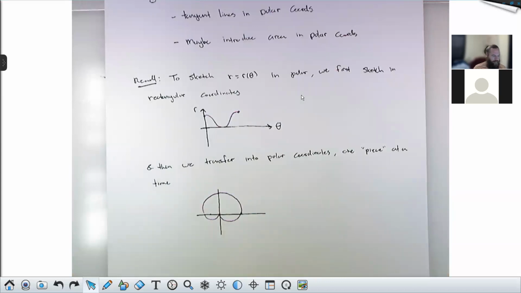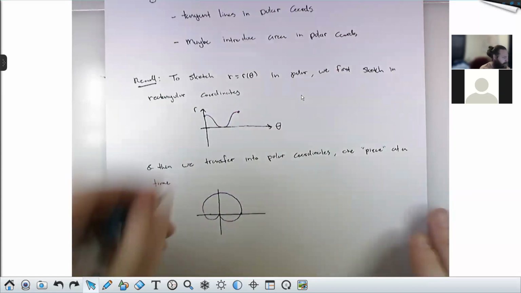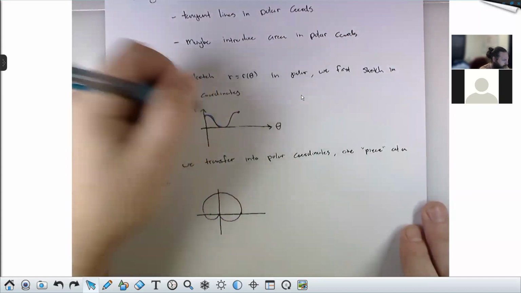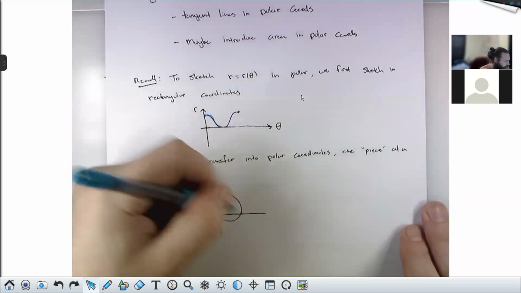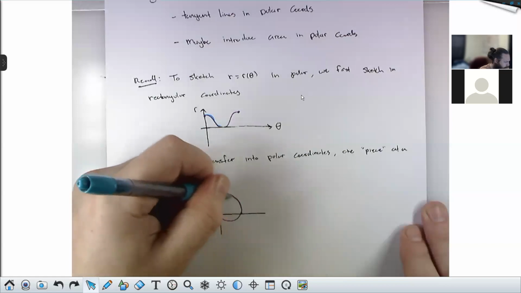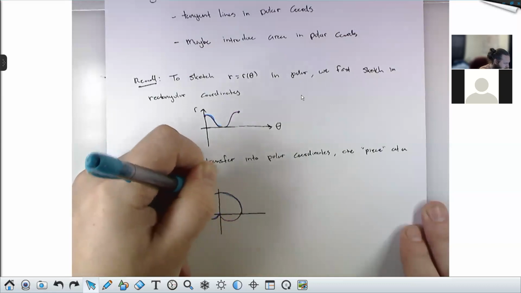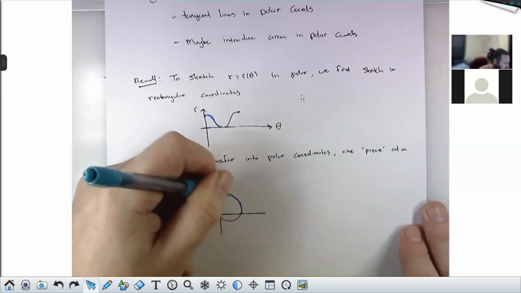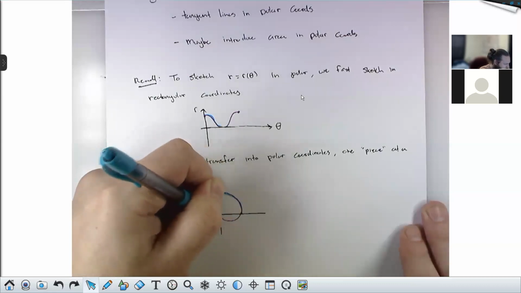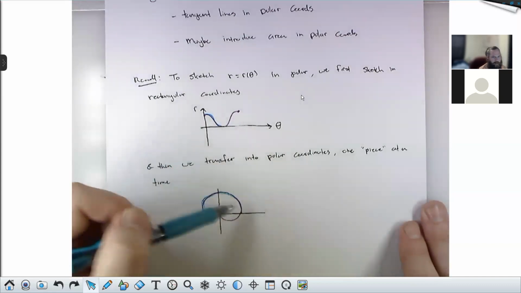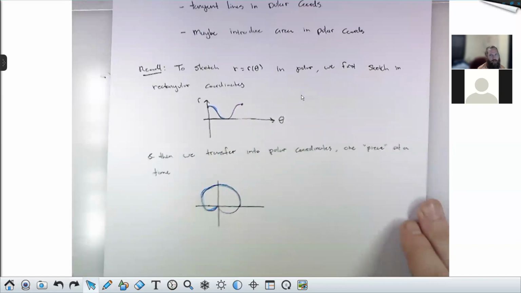That's the vibe. So what I mean by one piece at a time is that this portion of the rectangular graph would correspond to this portion of the polar graph. And today we're going to get a lot of practice at doing that, taking one chunk of this thing and seeing what chunk of this thing it produces.